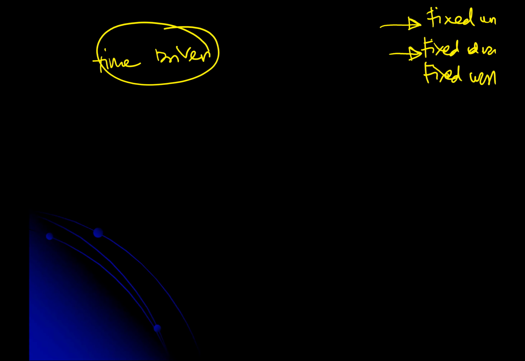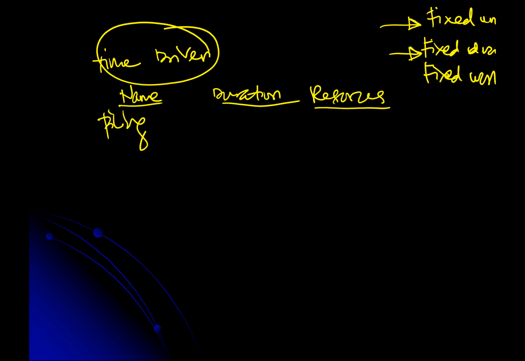Okay, now time driven. For instance, let's say the activity is piling. This is the name of the activity, and then this is duration, and then resources. Let's say whatever it is, duration is basically based on calculation as well. Let's say we identify our duration as 10 days, and what could be the resources?